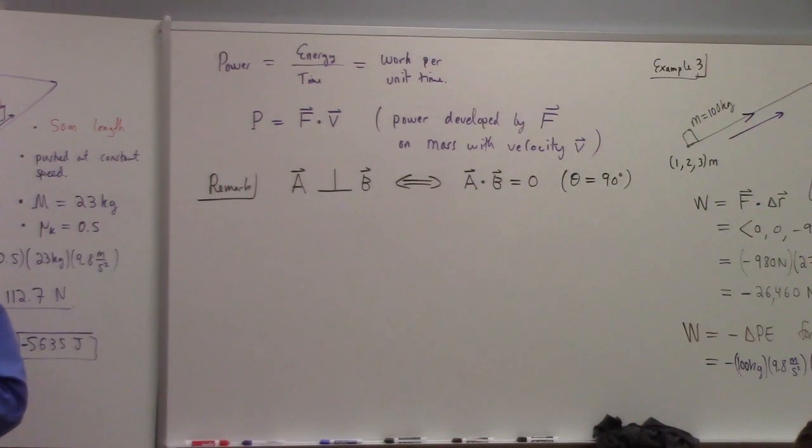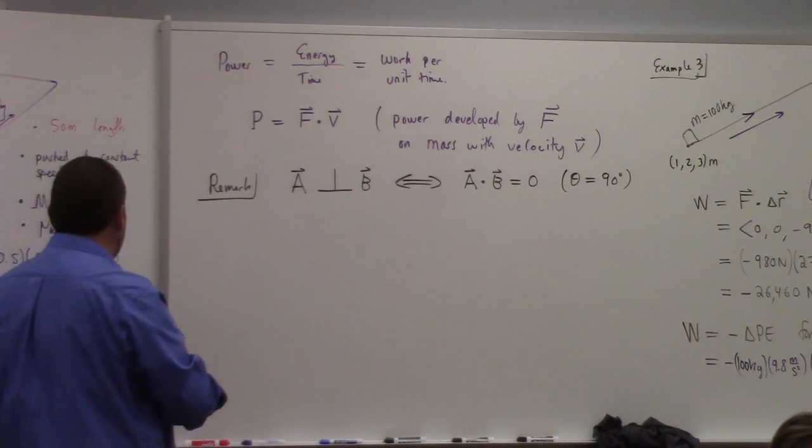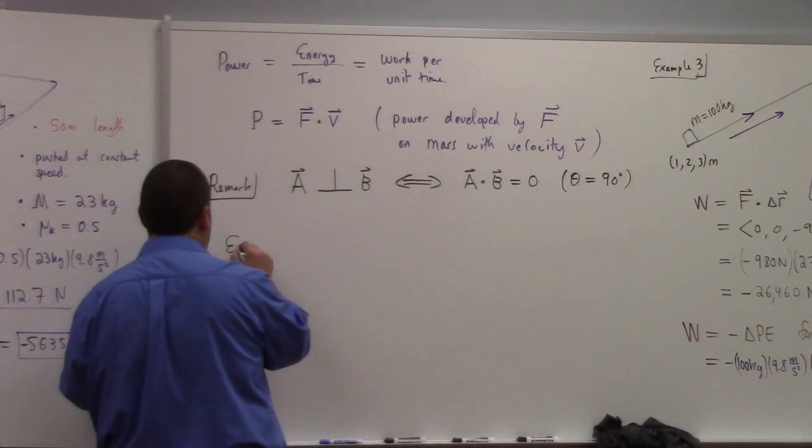So if we had a particle under motion such that the velocity was perpendicular to the force applied, the power developed by such a force is 0. No part of the force is in the direction of the motion, and it doesn't develop any energy per unit time for the particle.